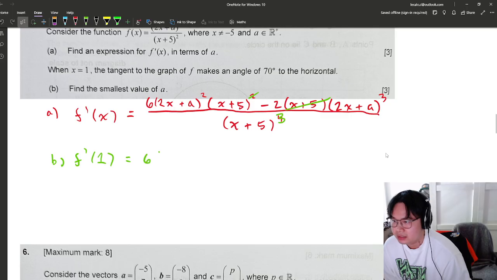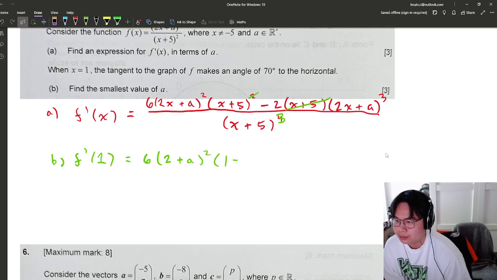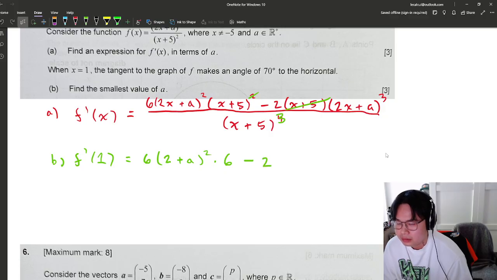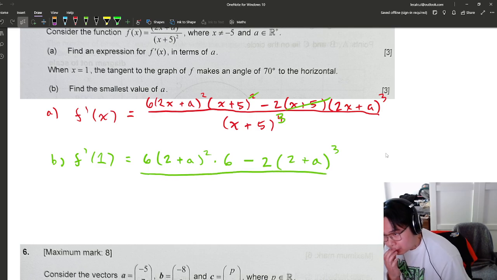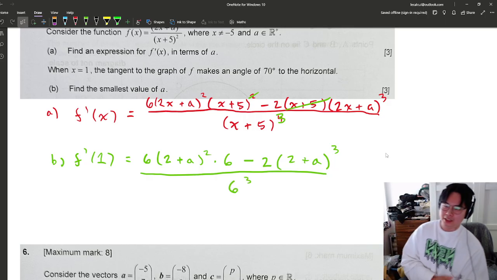So 6 times 2 plus a squared plus 1 times 1 plus 5, which is 6, minus 2 plus a cubed, and then this is 6 to the power 3.